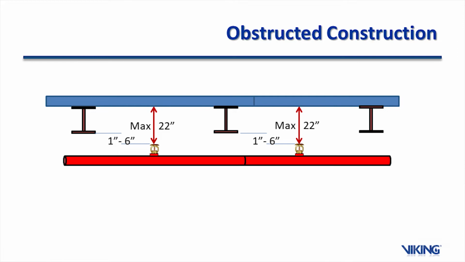So you don't just get 22 inches of depth. It also has to be 1 to 6 inches below the bottom of the obstruction. You can't be down 8 inches down here, even though you're still 22 up above, to the ceiling up above.